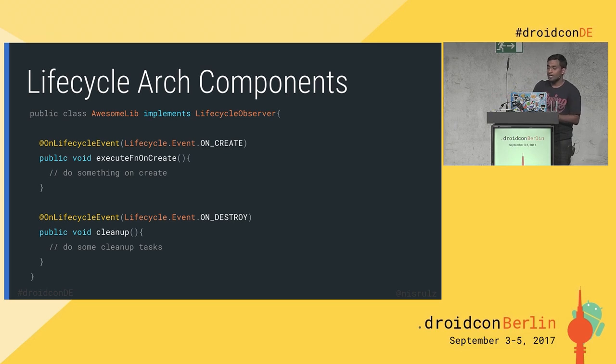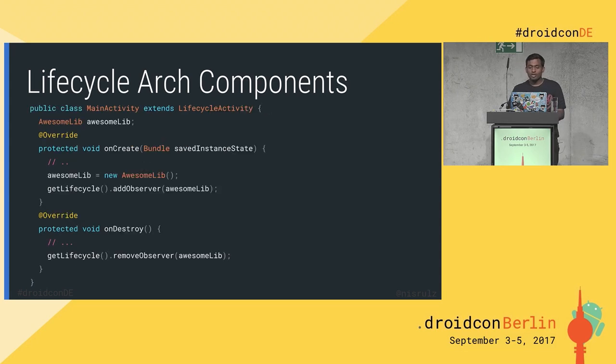So you can see right now we have an execute function on create, where I've added an annotation on top, and then there's a cleanup function because I don't want to leak memory here. So I have one that is going to run on destroy. The way I implemented this is by implementing the lifecycle observer class. It's available in the architecture component dependencies itself.